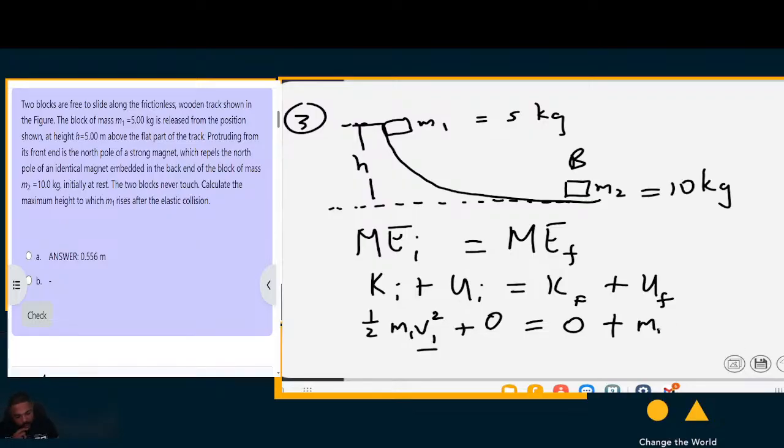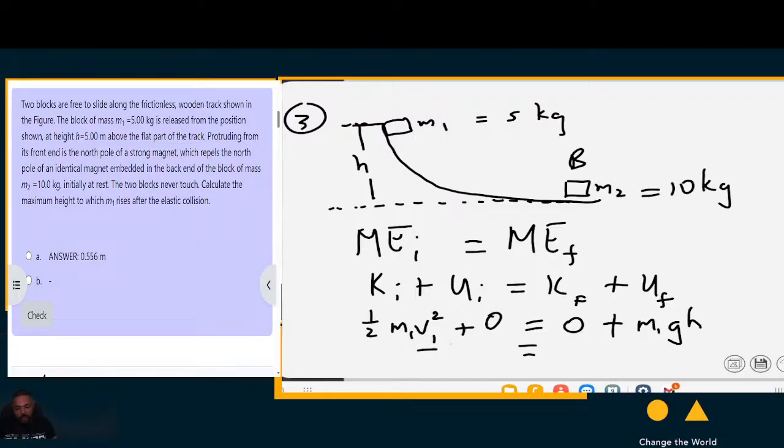No, we're still just looking at block 1, and it has a height, and it is that height that we are after. So, what is its velocity initially? We can actually work that out. V1.